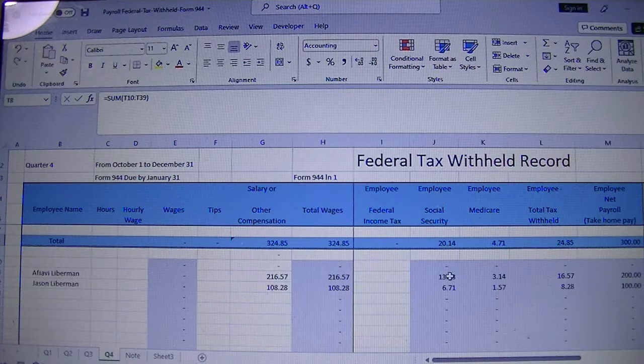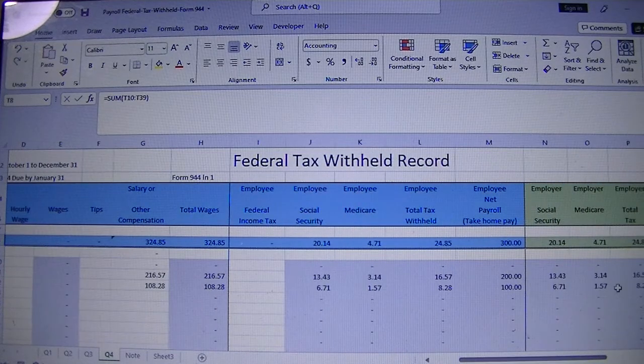So even though you collected a net, and the business is going to be paying Social Security for the employee portion and the employer portion, it is like if $2,000 is what the business pays me instead of $200. So the Social Security and the Medicare will be calculated as if it was withheld from my income, and then the business pays their portion as well.